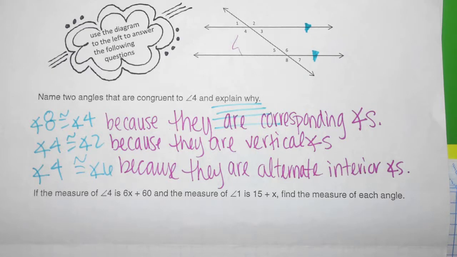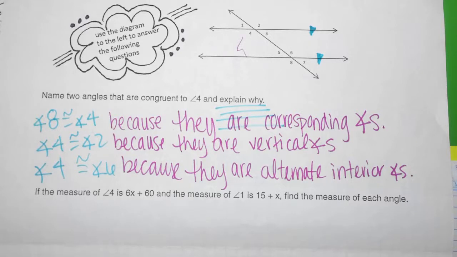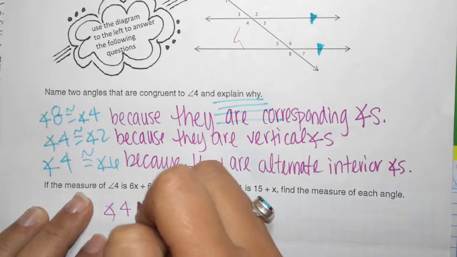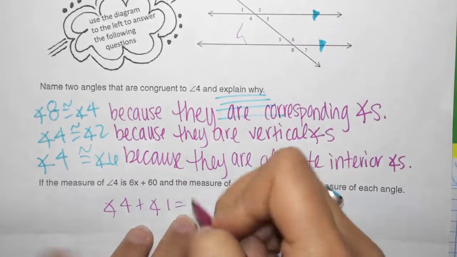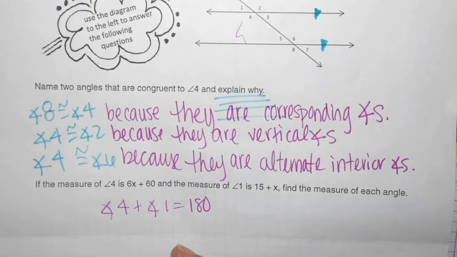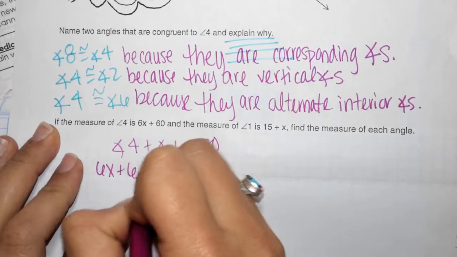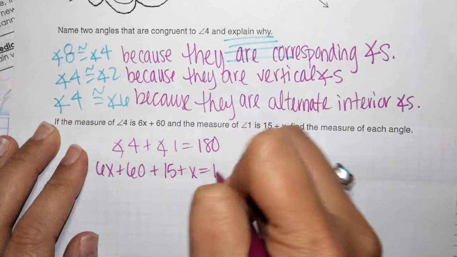They are linear, which means they add up to equal 180. So angle 4 plus angle 1 is equal to 180. And do we know what the measure of angle 4 is? Yes. So 6x plus 60 plus 15 plus x equals 180.